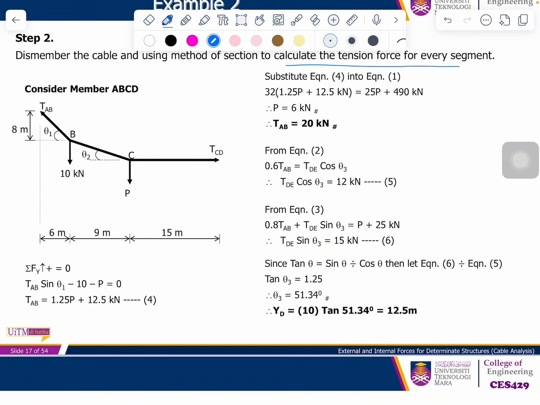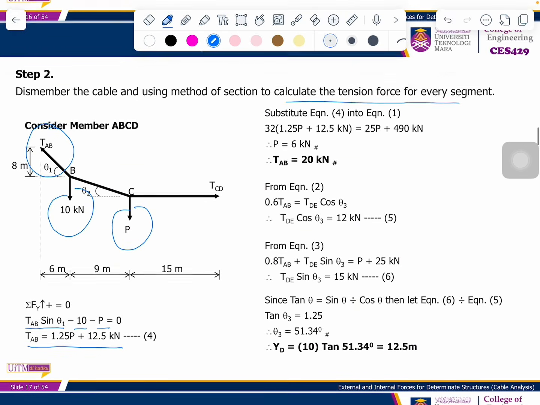Then we use the vertical equilibrium equation: TAB sine theta 1 minus 10 minus P. The 10 is going down, so it is negative. P also goes down, so it is negative. TAB is going up. So TAB equals 1.25 P plus 12.5 kilonewton.